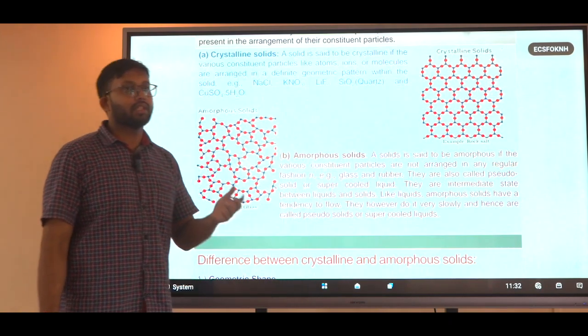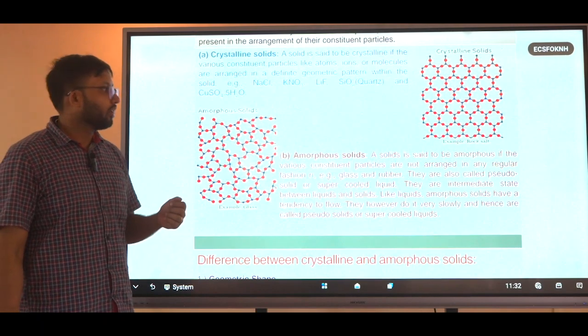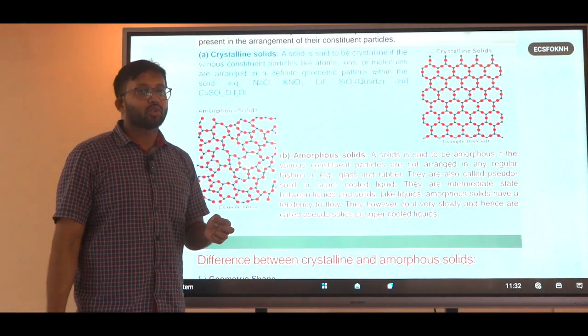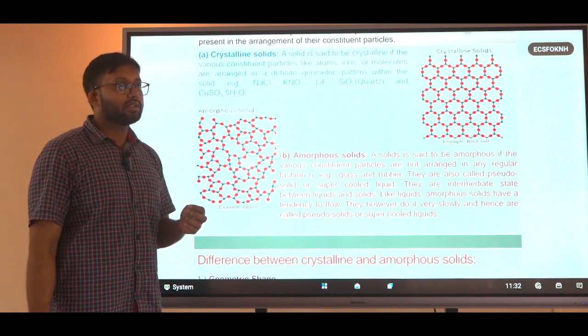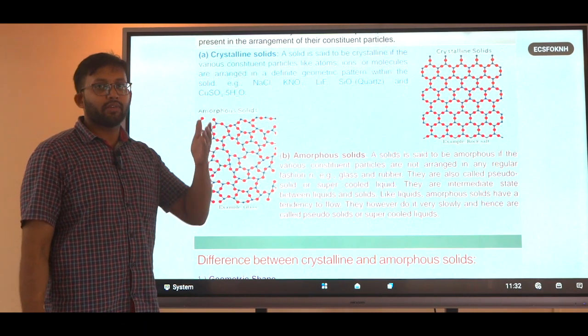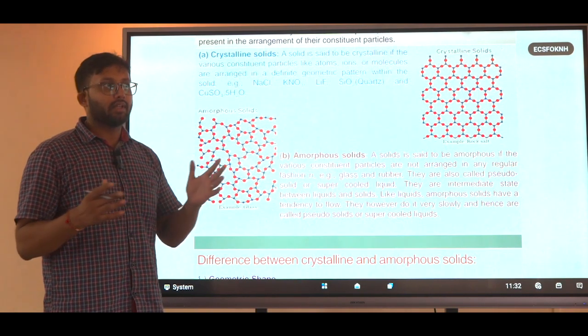The glass that we see in our window panes is actually an amorphous solid, and it is also known as a supercooled liquid. Why is it called a supercooled liquid? Because those liquids flow at a very slow rate. It behaves like a liquid, but the time frame is very long.